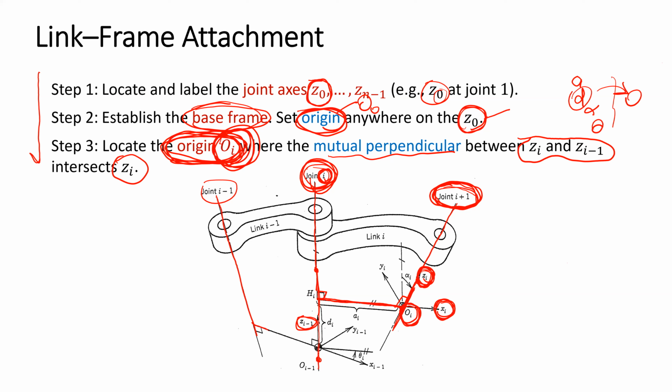Here, this is the mutual perpendicular between Z(i-2) and Z(i-1). The point where the mutual perpendicular intersects with Z(i-1) will be the origin of frame i-1.